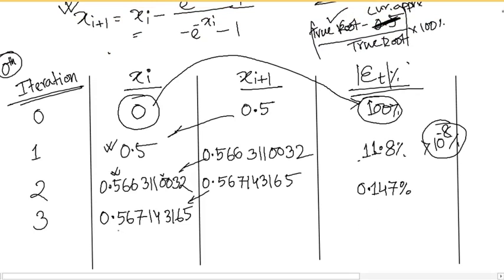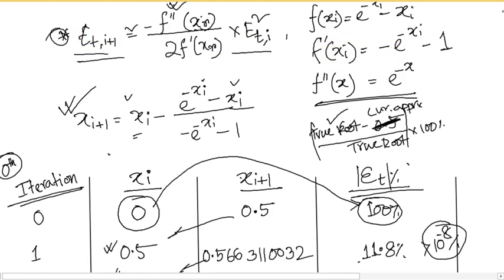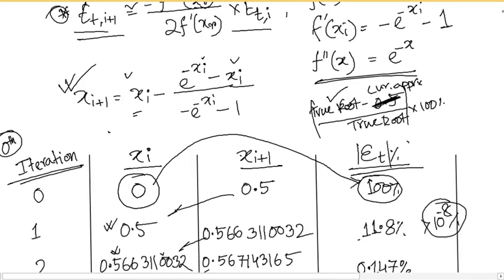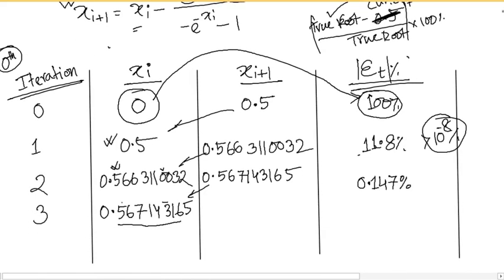Okay, using this value, you compare it with the true value 0.567143165. You see the true value 0.56714329004. See, up to 5 to from 5 up to 3, it is similar. So very close to the solution.